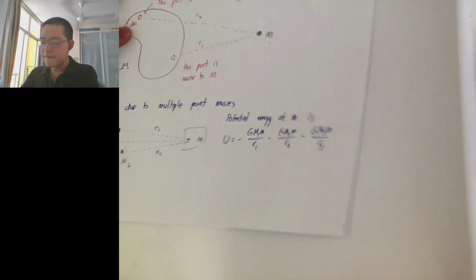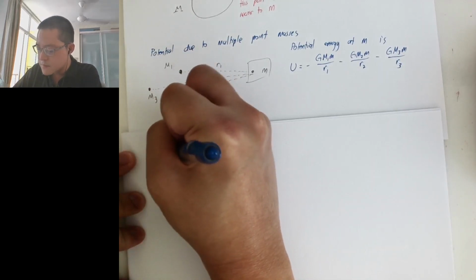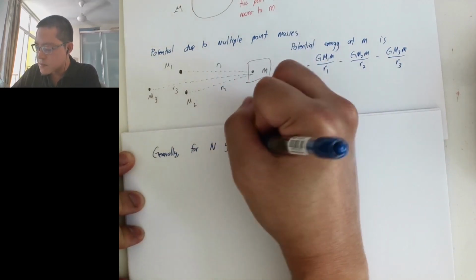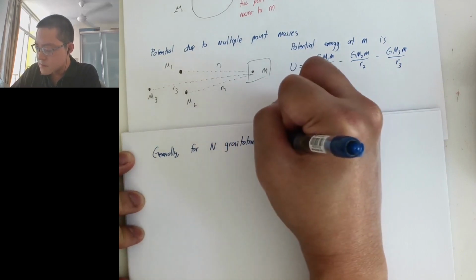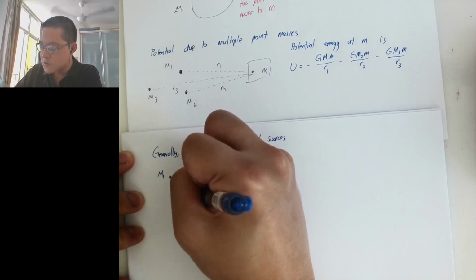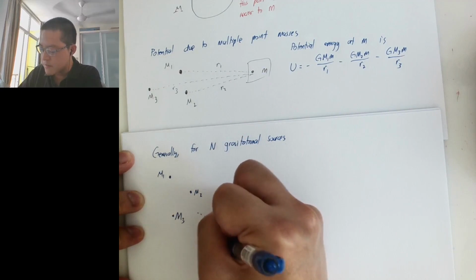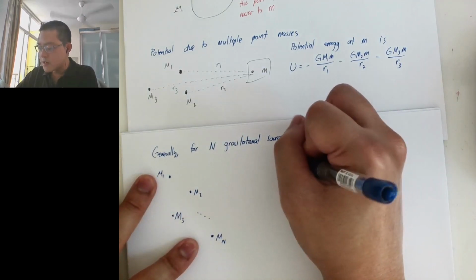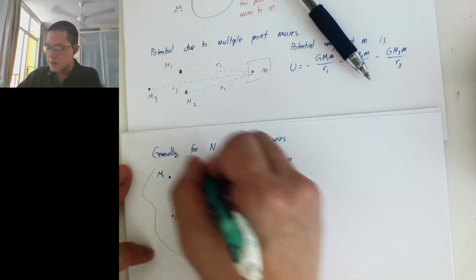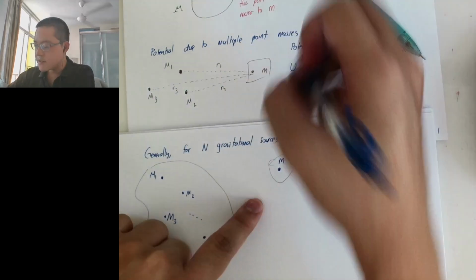So generally, for n gravitational sources, I have M1, M2, M3, and so on. There are many masses, and what is the gravity on M over here? If I have many gravitational sources, what is the gravity affecting here?